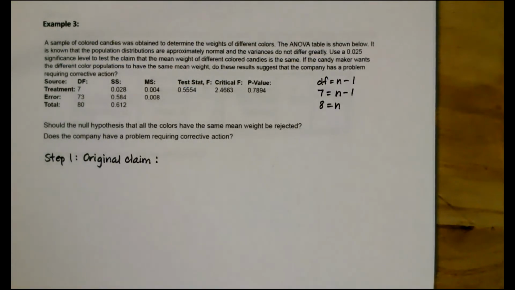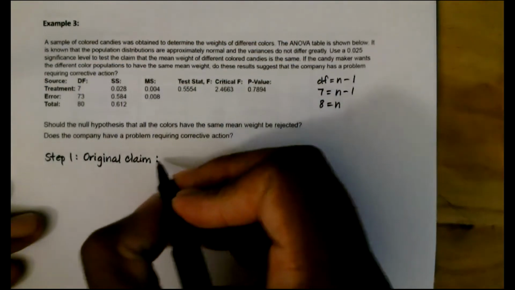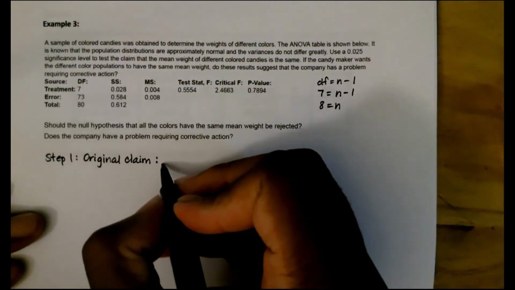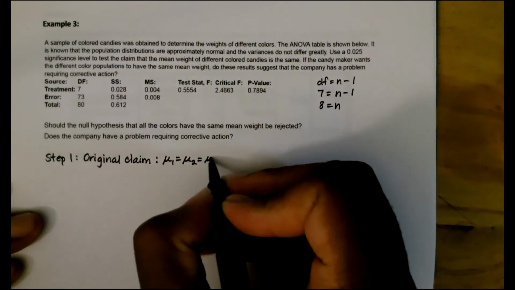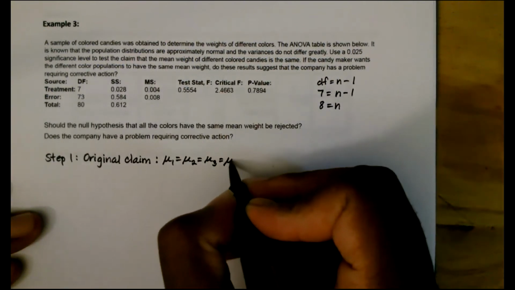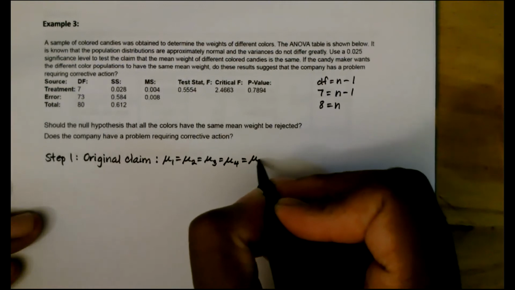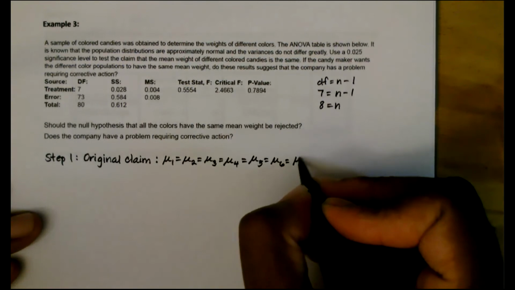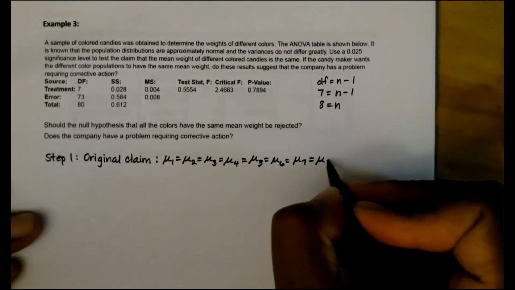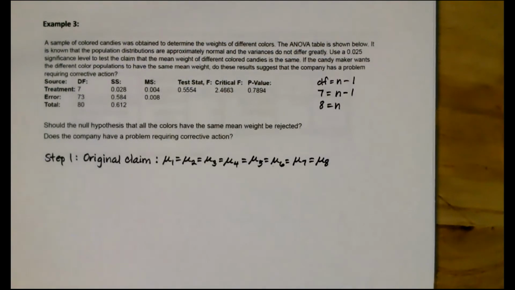It has to be 8. So I'm going to need 8 means that are equal in my original claim. When I write this out, it would be mu1 equals mu2 equals mu3 equals mu4 equals mu5 equals mu6 equals mu7 equals mu8. So all 8 means have to be equal to each other. That's the original claim in this case.